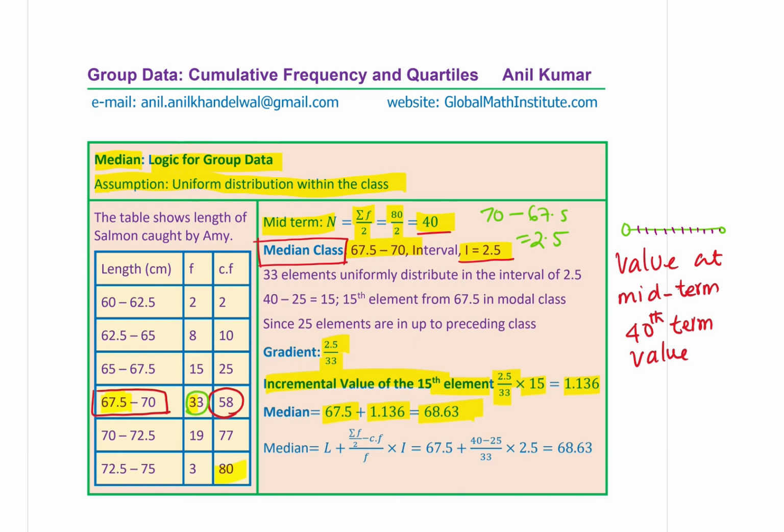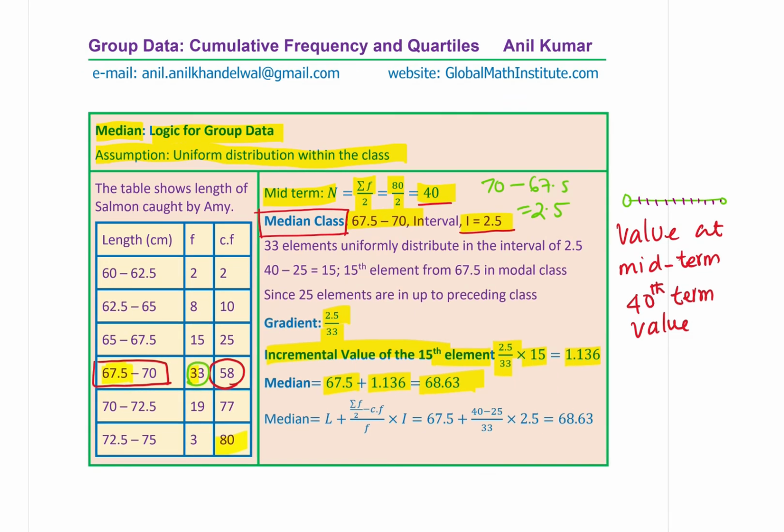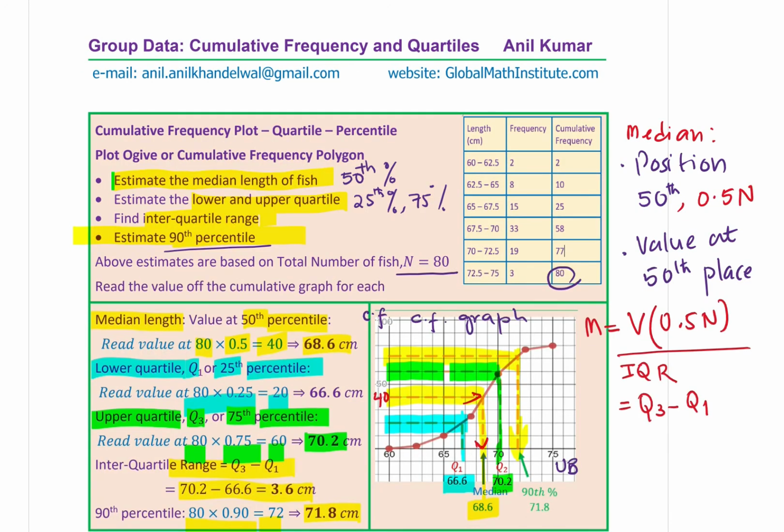You will notice that this length is similar to what we found earlier using the graph. In the graph, we found the median to be 68.6. There also, we assumed a uniform distribution, the straight line, which helps us to find the value for the median fairly accurately from the graph.